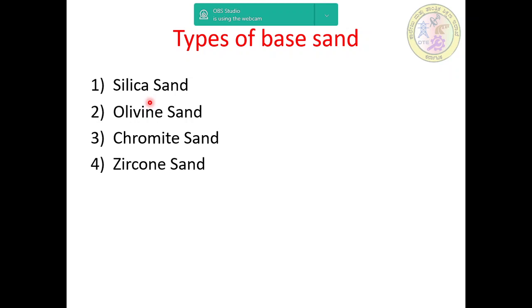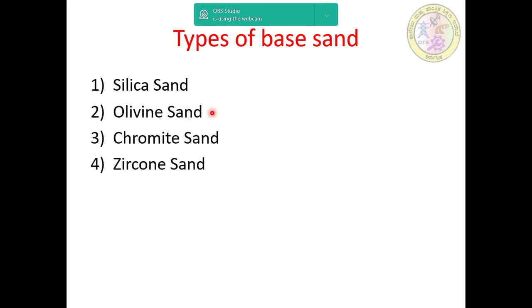However, when silica sand is mixed with certain additives like wood flour, cereals, and sawdust, defects can be eliminated. These additives burn by the heat of the molten metal, thereby creating voids that can accommodate the sand expansion. The next type of base sand is olivine sand.